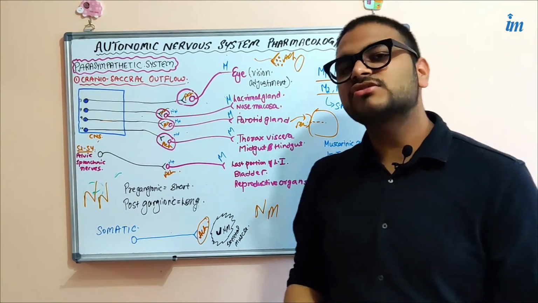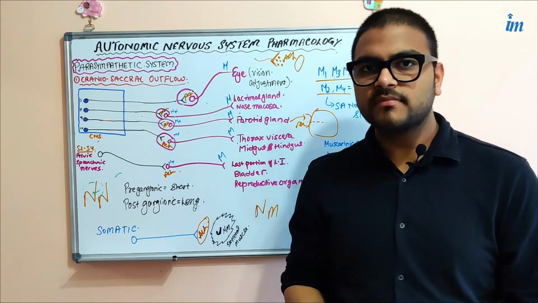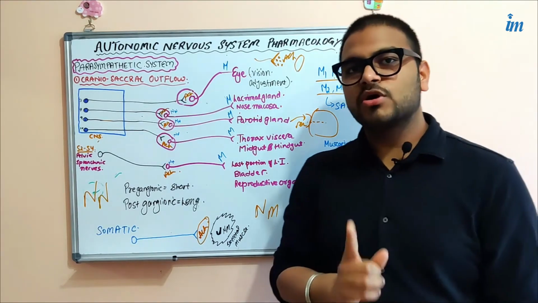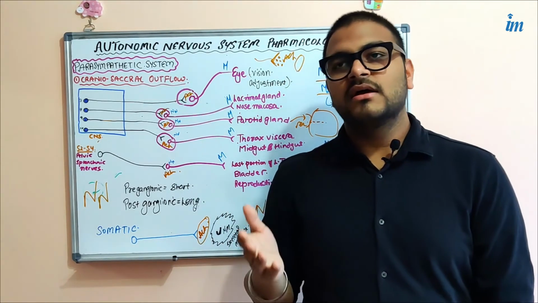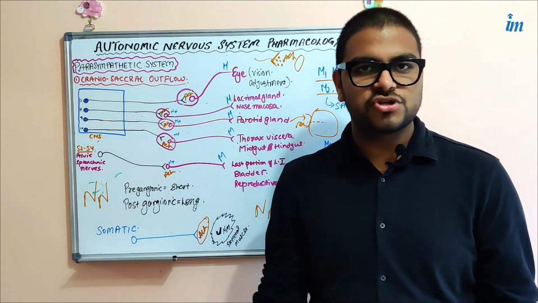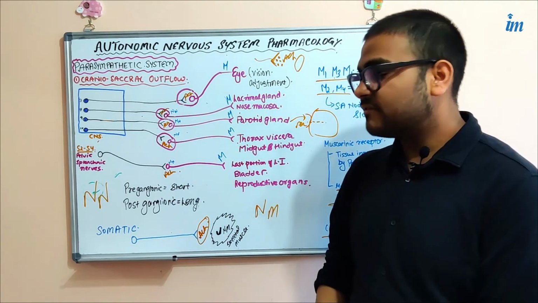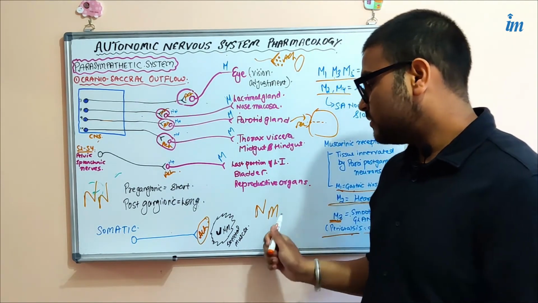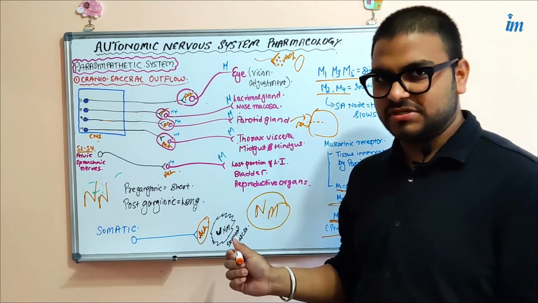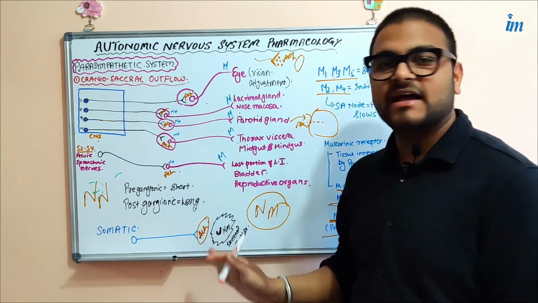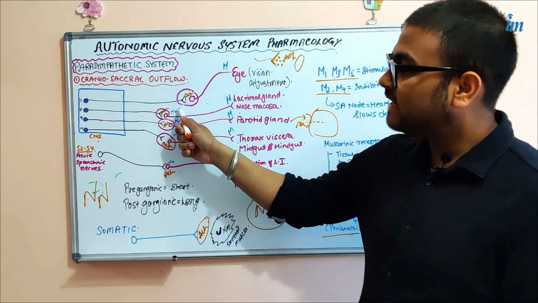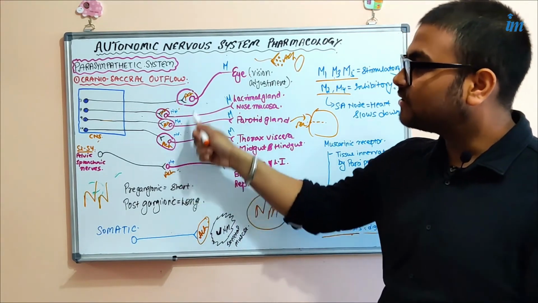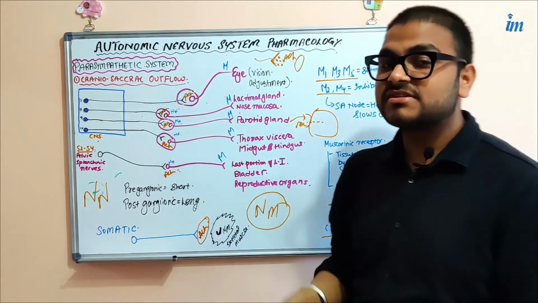What is the significance of knowing these receptors? For example, I want to give you some muscle relaxants. You have some surgery and I want your muscle to be relaxed, so I should give a drug that should block the NM type of nicotinic receptors for the relaxation of your muscles, but that drug should not affect the NN type of nicotinic receptors that are present in the ganglion.